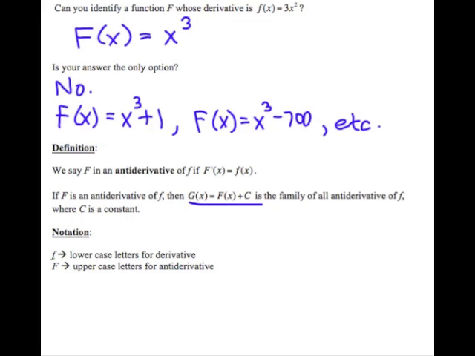And I think it's also worth noting there before we move on that there's not a special reason that I'm using big F and little f, that we use little f to talk about the derivative and big F to talk about the antiderivative, or what we might call the original function.